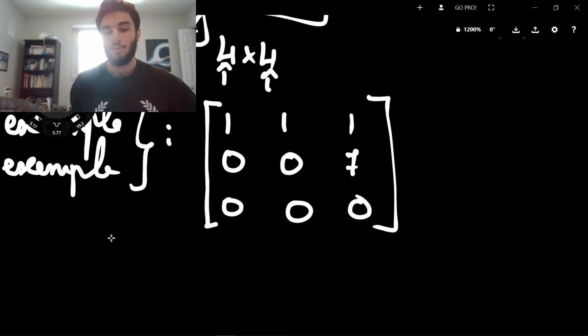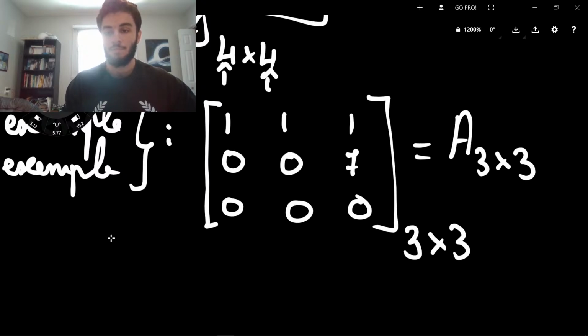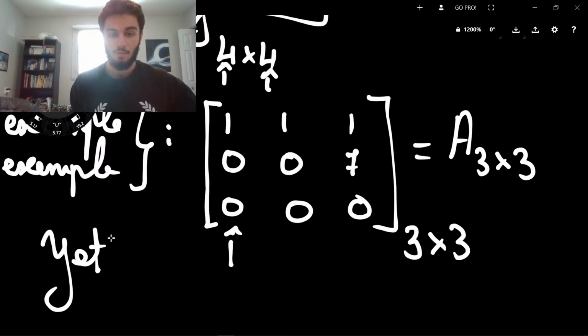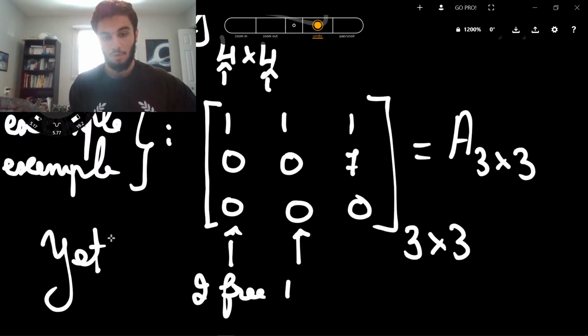This is a 3 by 3, so go to A, which is a 3 by 3. This is square, yet we have two free variables.